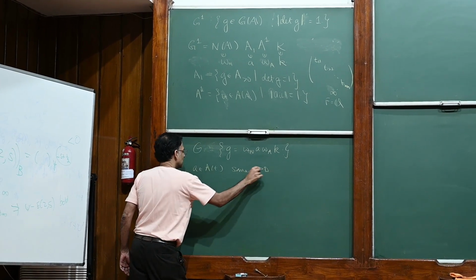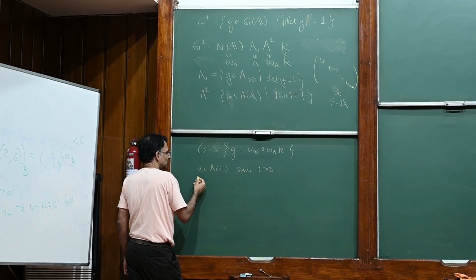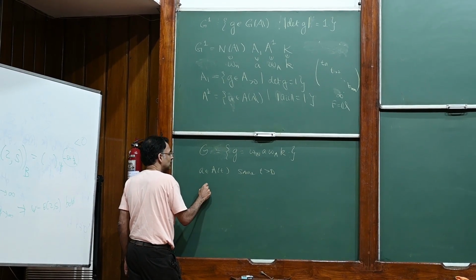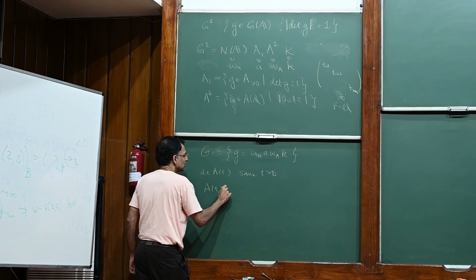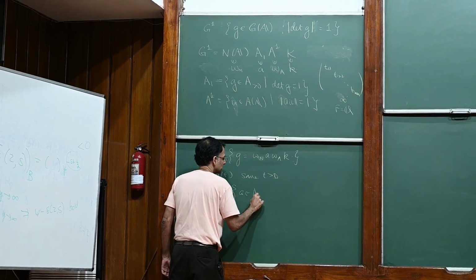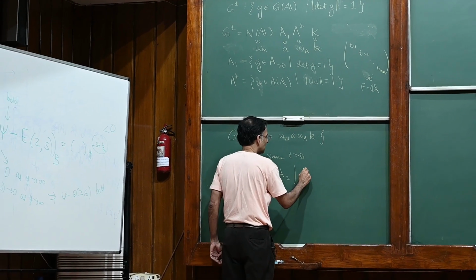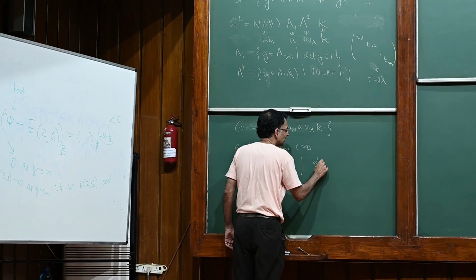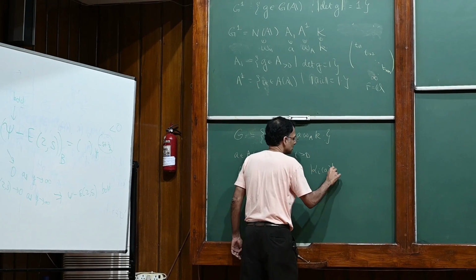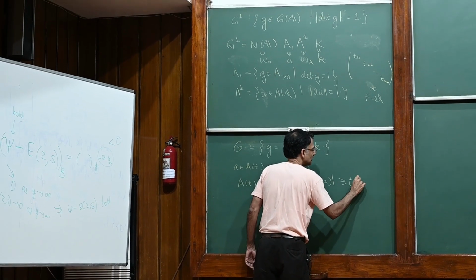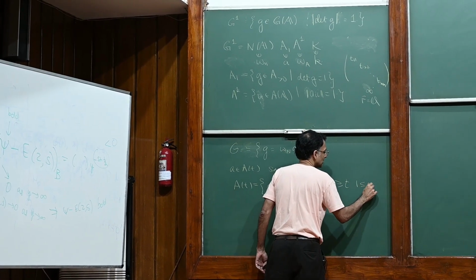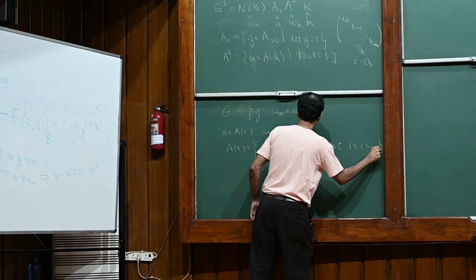A_T was defined by A_T was simply A in A1 such that alpha_i of A was greater than or equal to T for 1 less than or equal to i less than or equal to n minus 1. Okay, so this is my set.